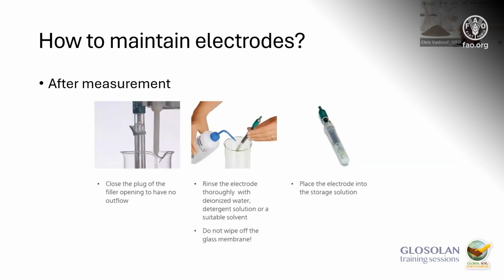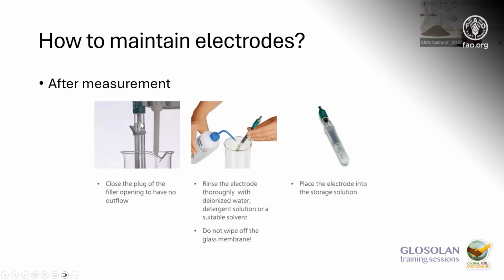How to maintain the electrodes: it's very important that you do it properly because it extends the lifetime of your electrodes. After the measurement, you have to rinse the electrode thoroughly with deionized water. If you are just using a water solution, flush it, but never clean the glass membrane with a tissue, just flush it.